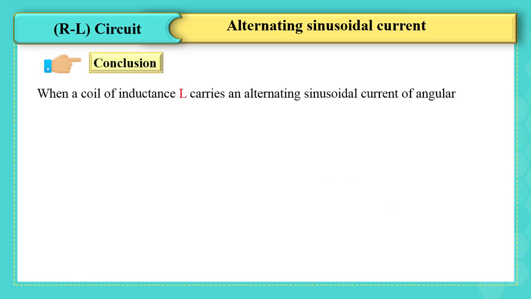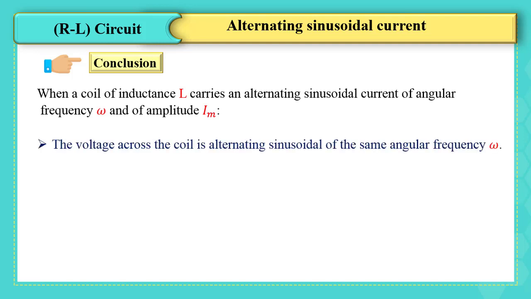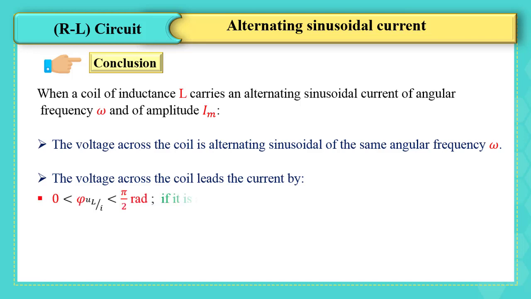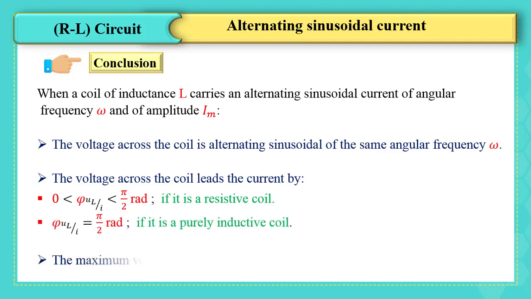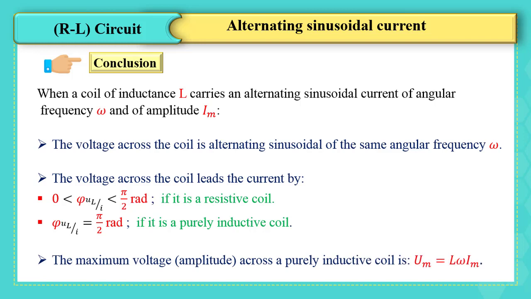Conclusion: when a coil of inductance L carries an alternating sinusoidal current of angular frequency omega and of amplitude Im, the voltage across the coil is alternating sinusoidal of the same angular frequency omega, and the voltage across the coil leads the current by a phase difference between 0 and pi over 2 if it is a resistive coil, and by phi equal pi over 2 if it is a purely inductive coil.